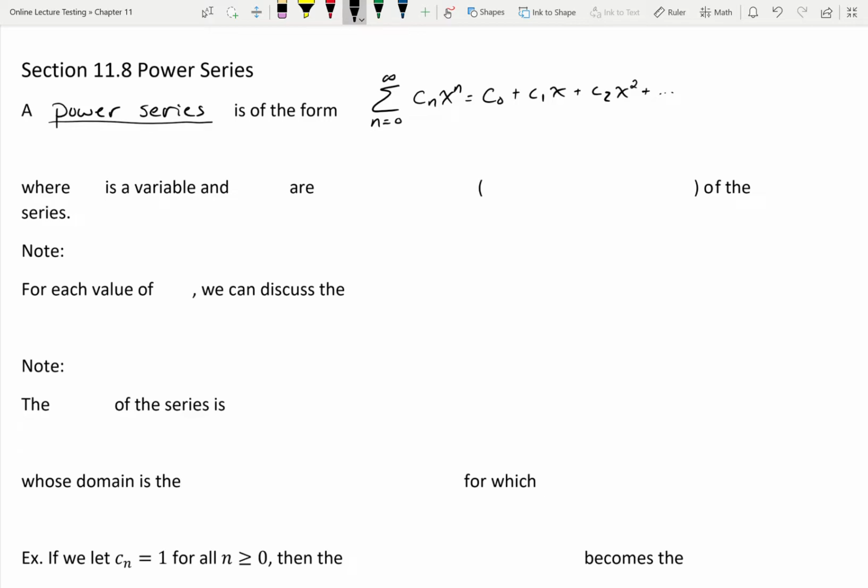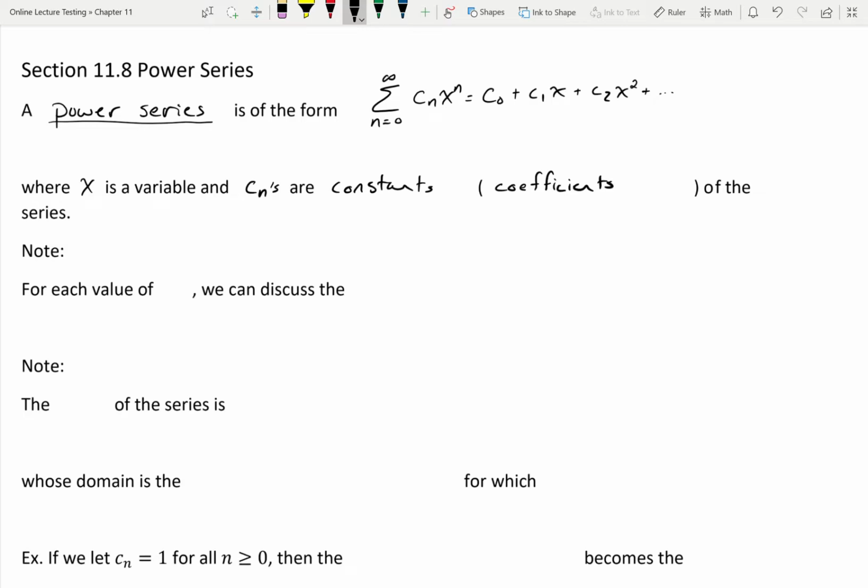for infinity. So here, notice that we're using x now instead of a sub n or anything like that. Here, x is a variable, okay? And so it can be any fixed value that we choose. And the c sub n's, those coefficients out front, are constant values. So we'll treat these as coefficients, and they can be any real number.